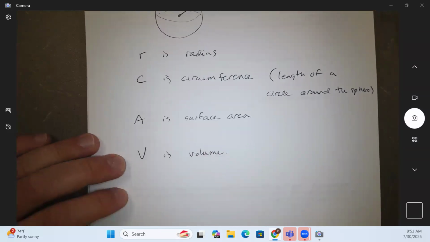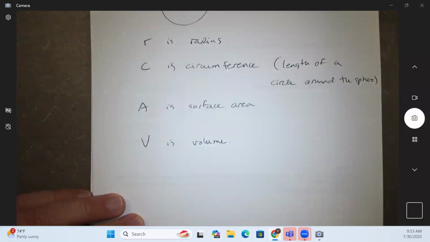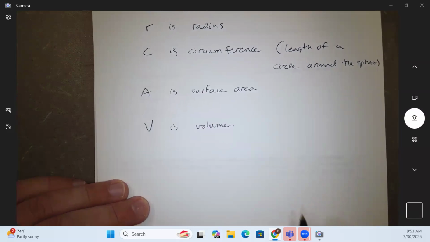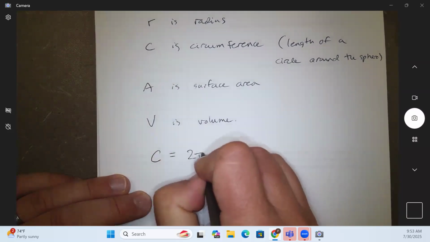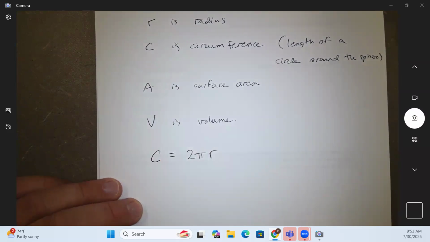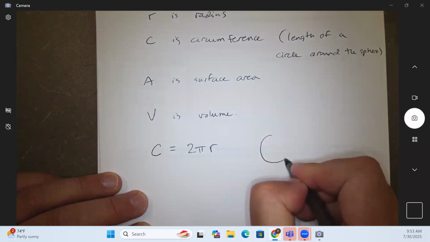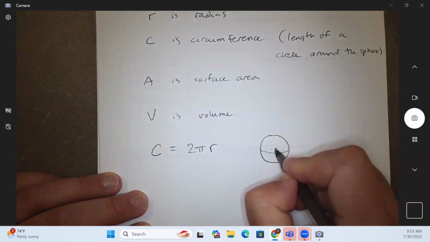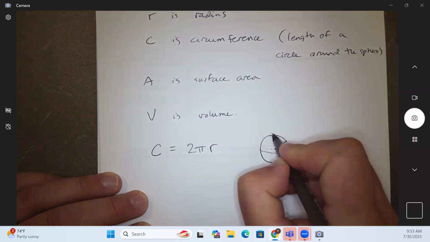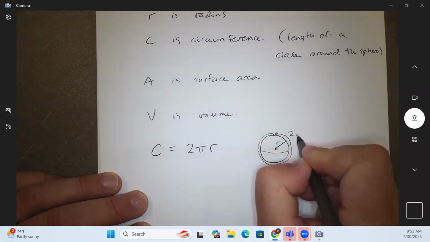So there are mathematical relationships for each of these. The circumference is 2 pi r. If I have a sphere and I take the radius r, then this walk around the sphere is 2 pi r.